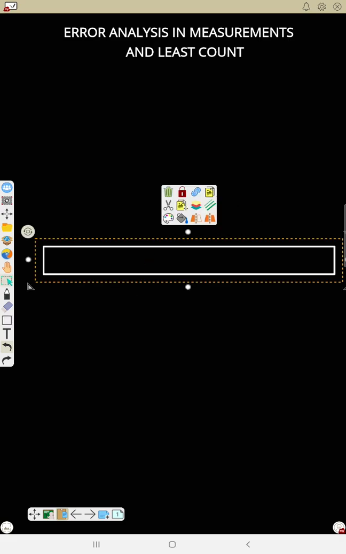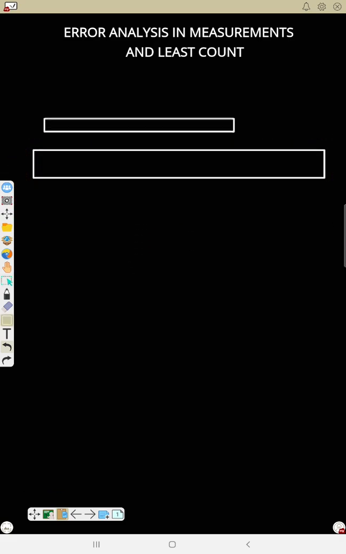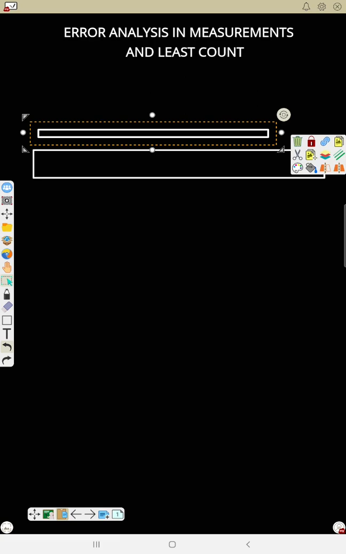So now this is the ruler. We still want to measure the length AB. Let's call this length AB.